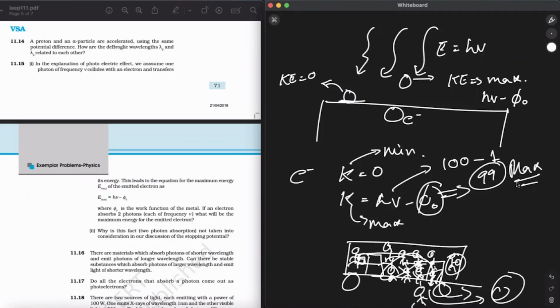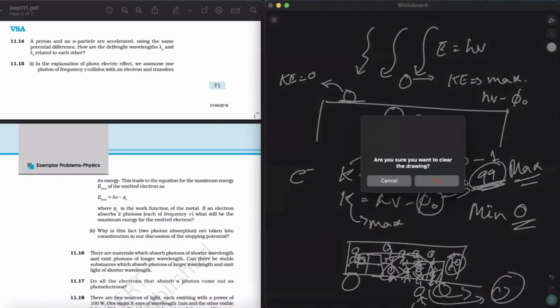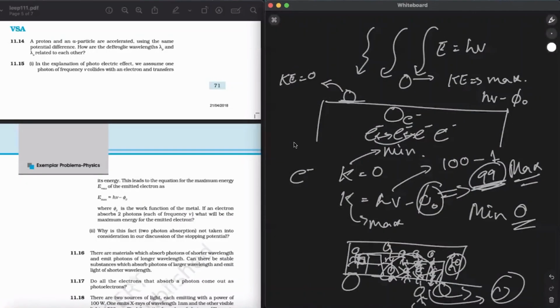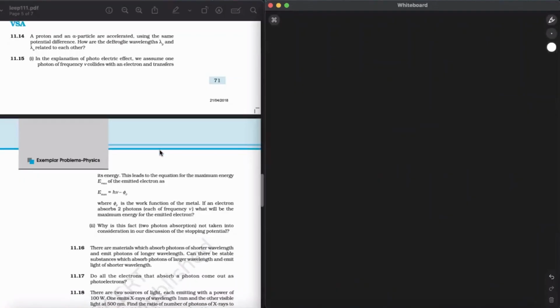So the maximum is 99 and the minimum is 0. Some energy may be lost in moving through the different electrons. One electron faces a repulsive force from the other electron, and when you move through it, you lose some energy. That is what I was trying to explain to you.